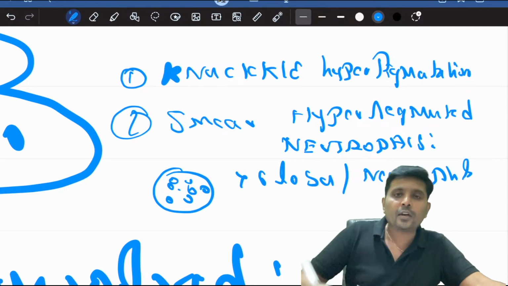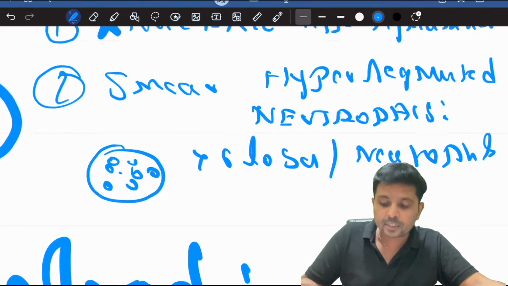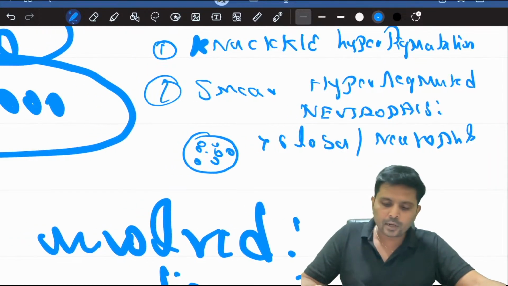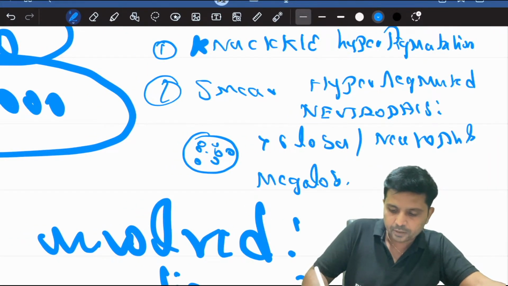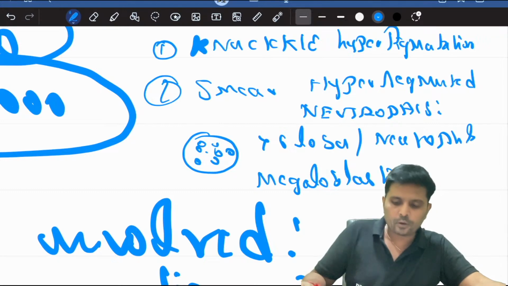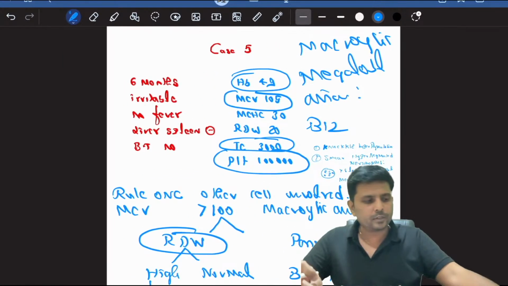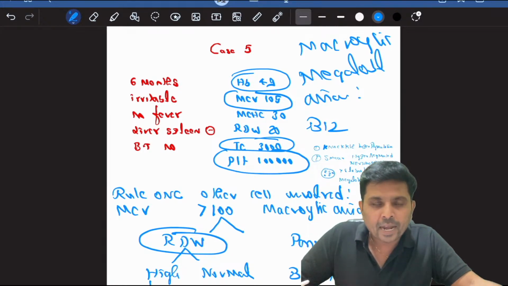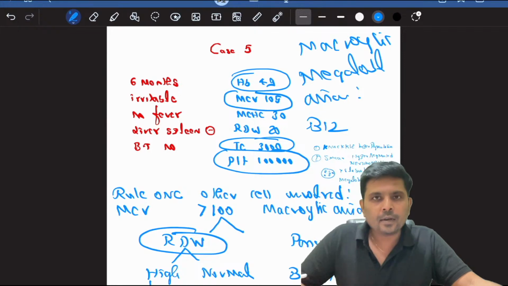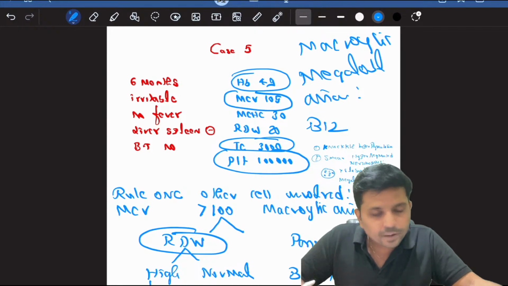If you have more than 6 lobes, then it is called a hypersegmented neutrophil. That's why it is called megaloblastic anemia. Remember, macrocytic megaloblastic anemia with a high RDW is always B12 deficiency or folate deficiency.